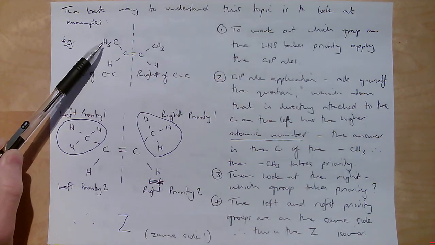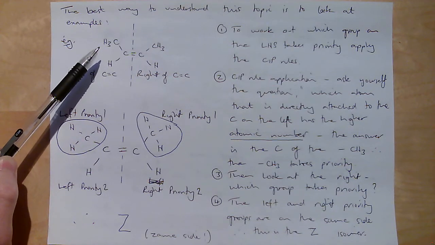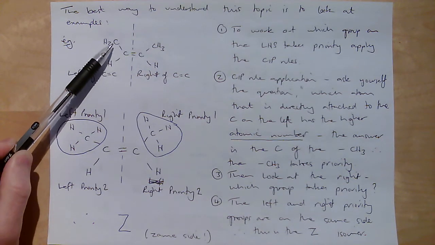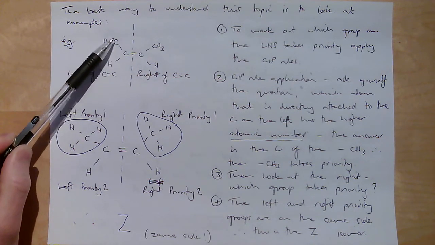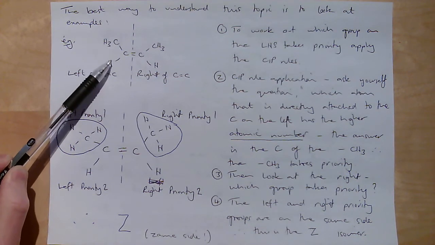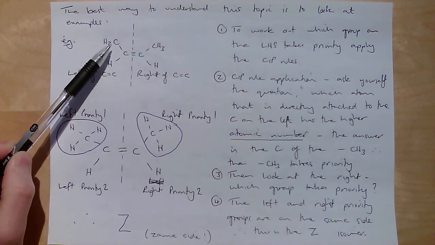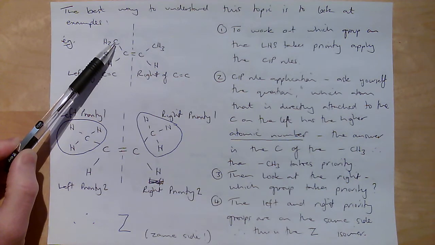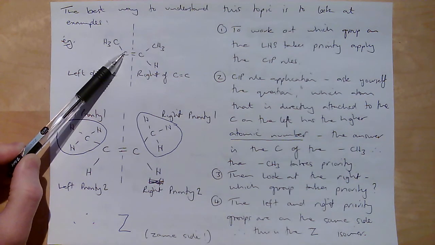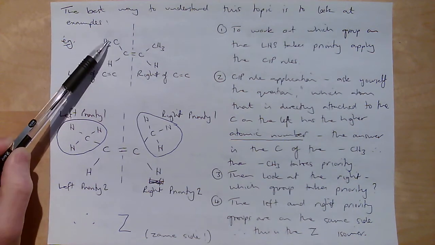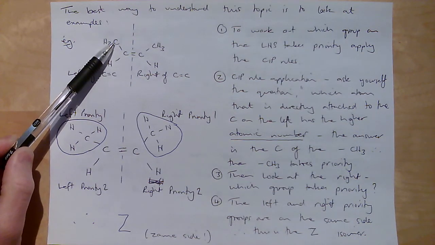The way that we apply our CIP rules is we look at which atom is attached to the carbon, and which one of these two has the highest atomic number.